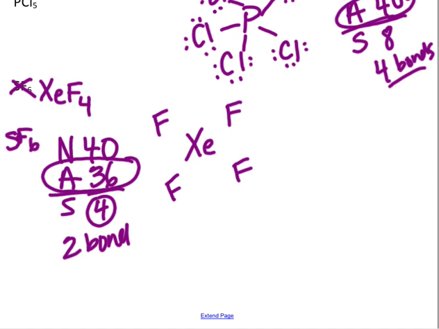What do I do first, Hannah? Bonds to the central. So let's count. 2, 4, 6, 8. Now what, Kate? On the fluorines. Okay.